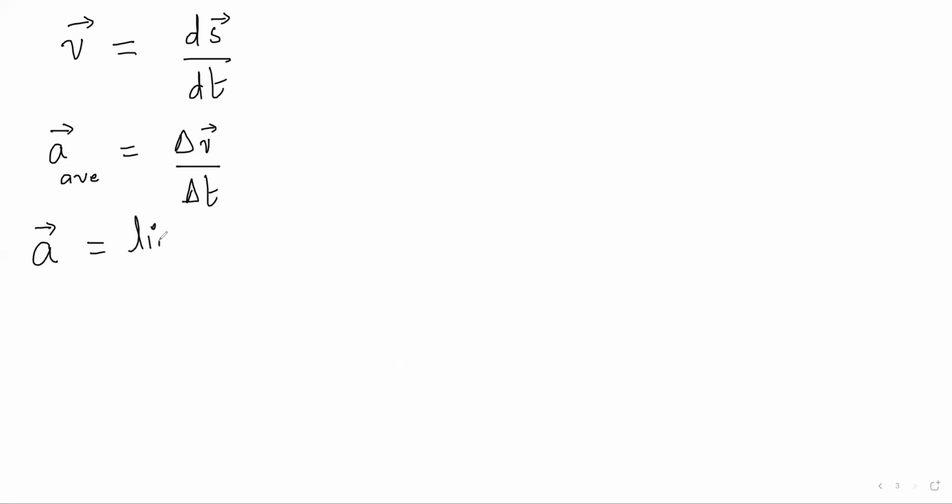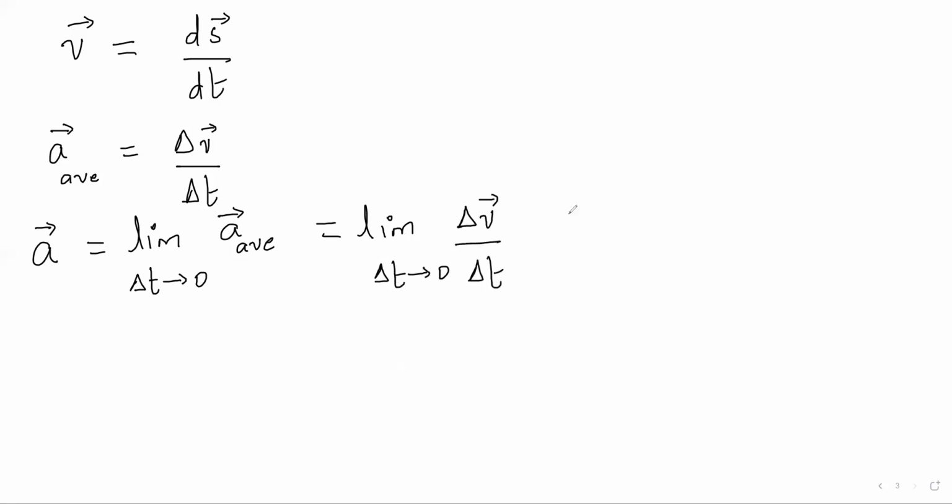That will be limit delta t approaches 0. And we have a average, which is equal to, I think all of you can give it a try. Yes. Delta v by delta t, correct? Which is equal to, because of this, dv by dt. Yes, thank you. Which is equal to v dot.